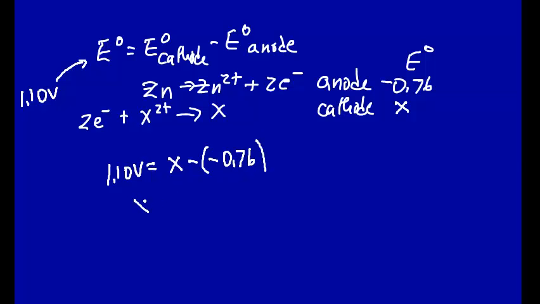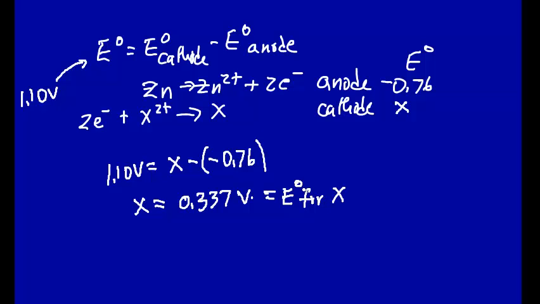So we find out X, that's the standard cell voltage for our unknown reaction here. X is equal to 0.337 volts. I think that's a positive, yes, positive number. So this is E0 for our unknown X.